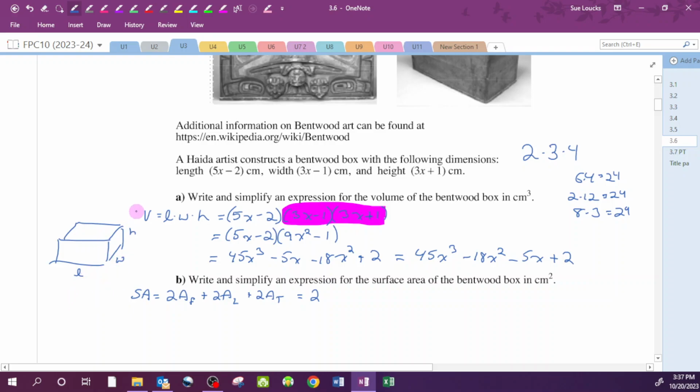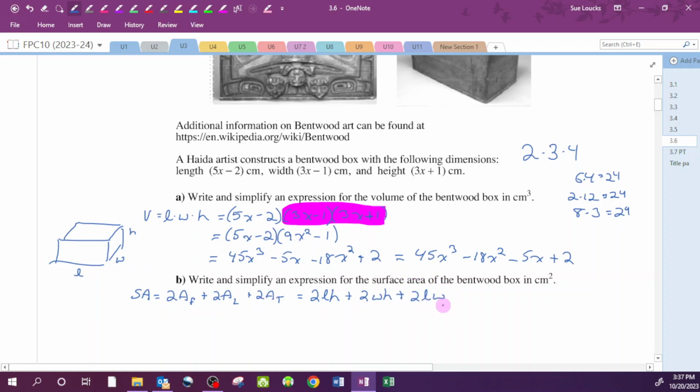It doesn't really matter which one's which, but for our purposes today, let's do that. So the area of the front is going to be the length times the height. So that's 2 times the length times the height, plus the area of the left side is the width times the height, and then the area of the top is length times width. So 2 times length times width.